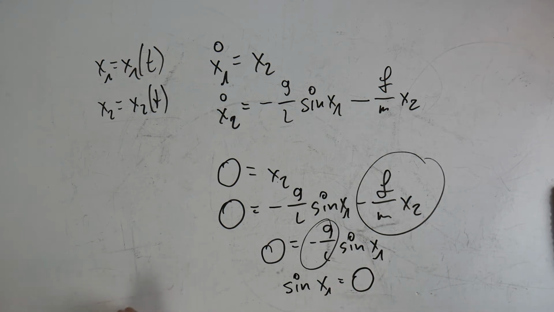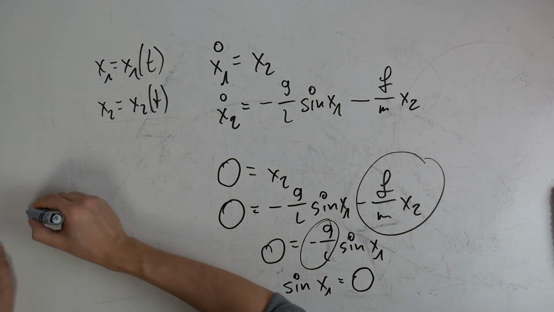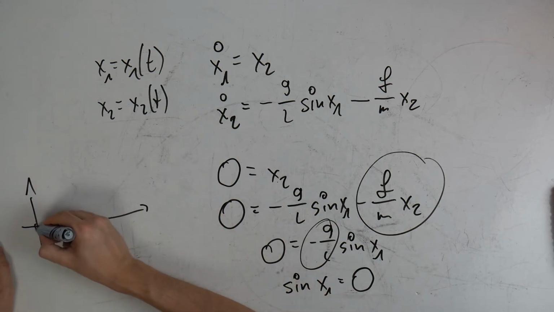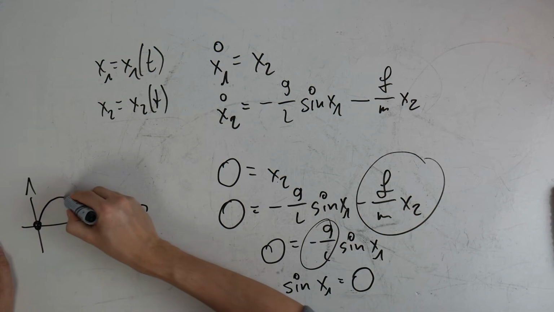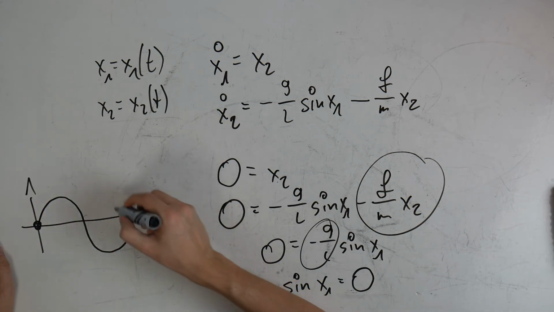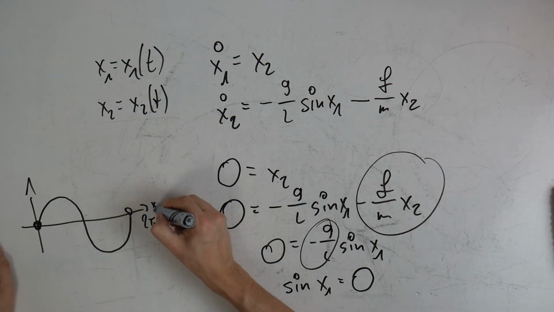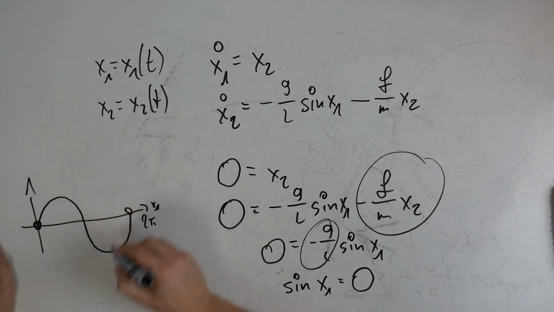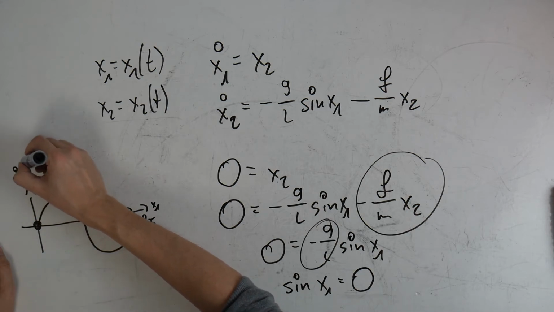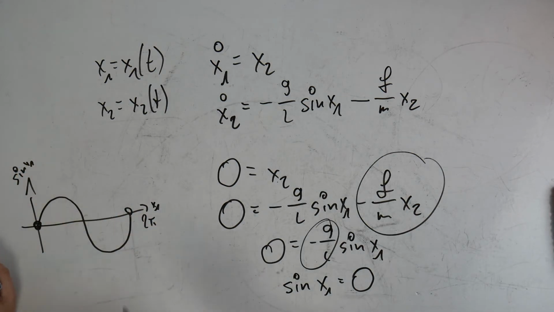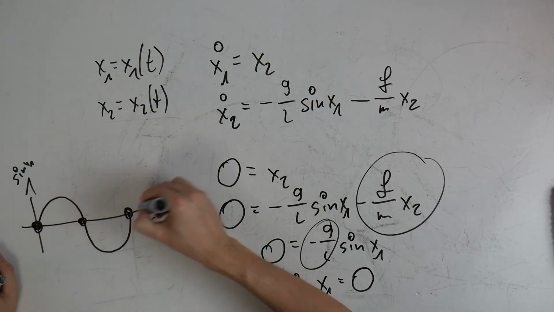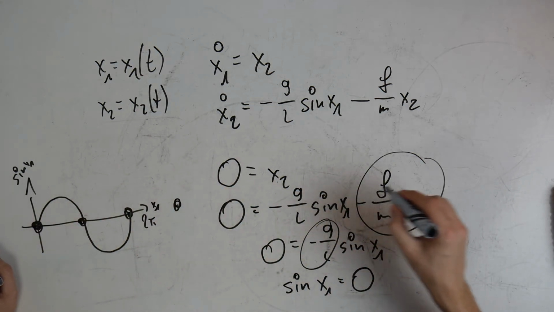When is the sine function 0? If you were to draw a sine function, it starts at 0, goes up, down, and ends at 2 pi. This was my x1, and this was the value of sin x1. When is it 0? 1, 2, 3, 4, 5, 6, 7.